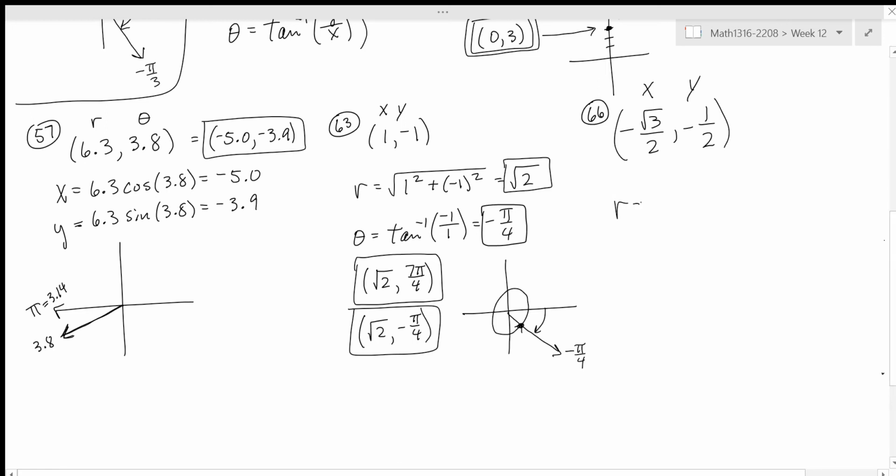So R is the square root of X squared plus Y squared. And theta is the inverse tangent of Y divided by X.